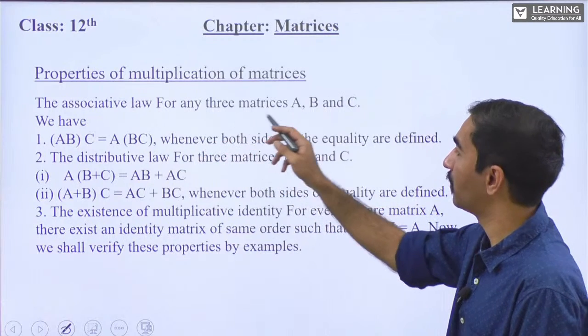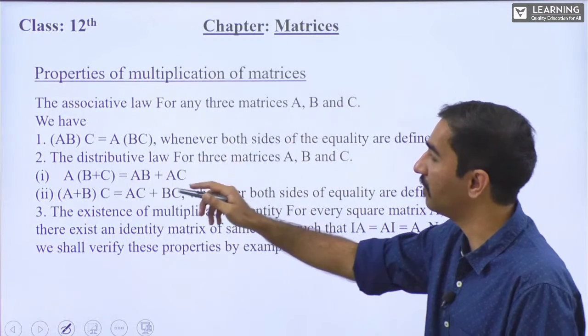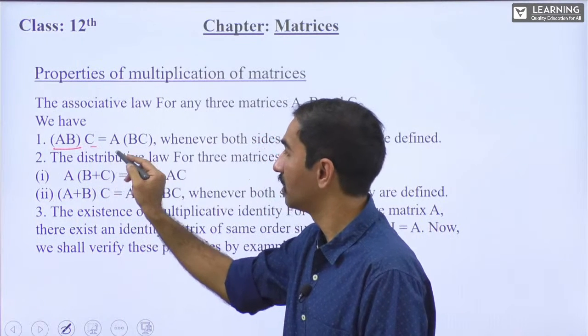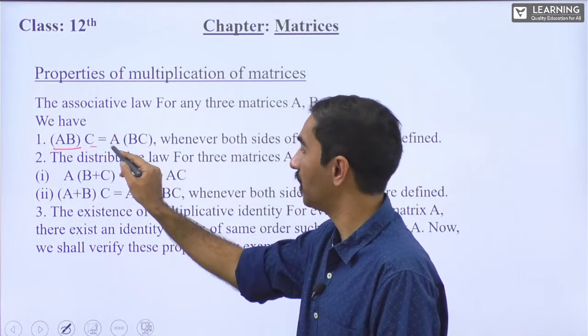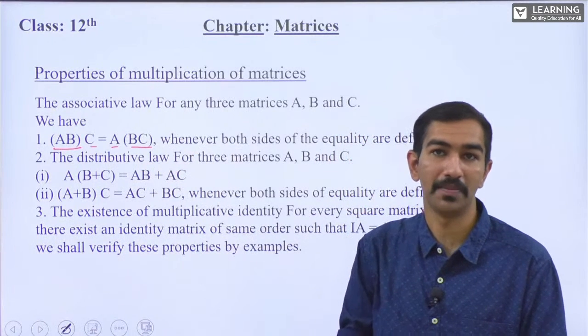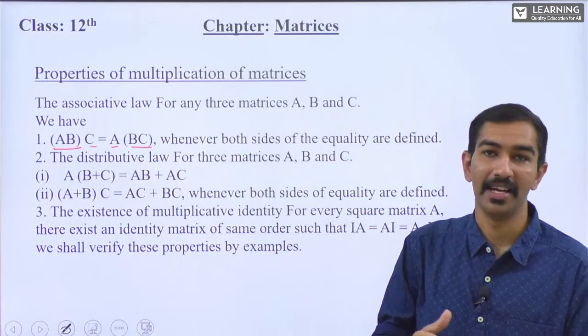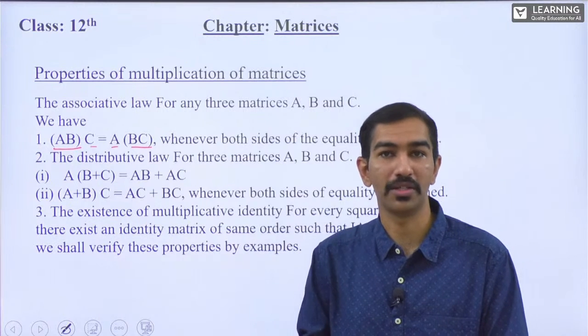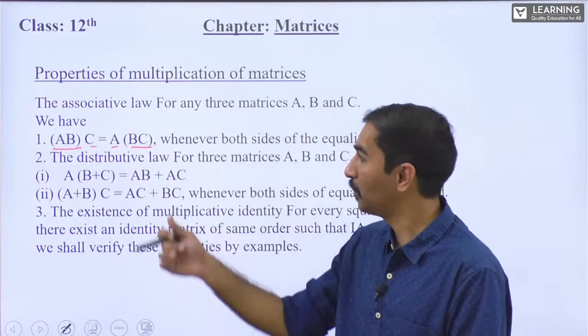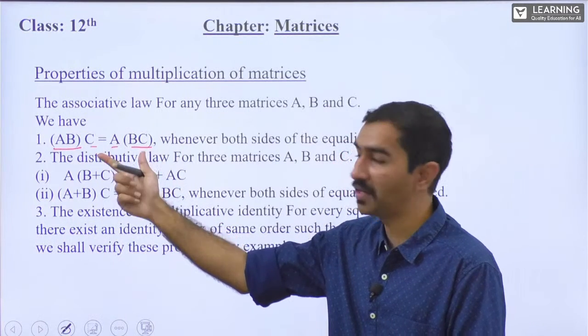The associative law: for any three matrices A, B, C, you see, students, (AB)C must and should be equal to A(BC). Again, you can take some examples. A is equal to this matrix, B is equal to this matrix, and C is equal to another matrix. You can assume your own matrices, preferably of order 2 cross 2, and check whether this property is satisfied or not.